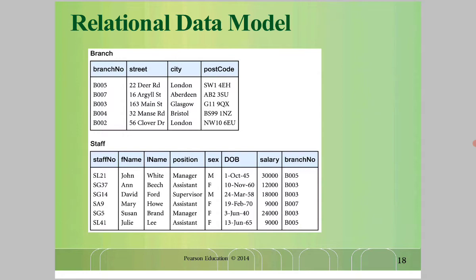The branch table, or branch relation, contains branch number, street, city, and postcode, and the staff table contains staff number, first name, last name, position, sex, date of birth, salary, and branch code.